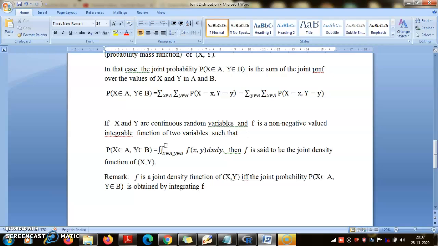Similarly, if X and Y are two continuous random variables, then there is a concept of joint density. So what is a joint density? A joint density is a non-negative valued function f such that you compute the probabilities by integrating this function. Always, whether univariate or multivariate, the density is a non-negative valued function integrating which you compute probabilities.